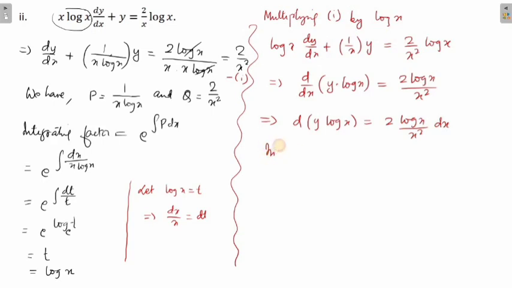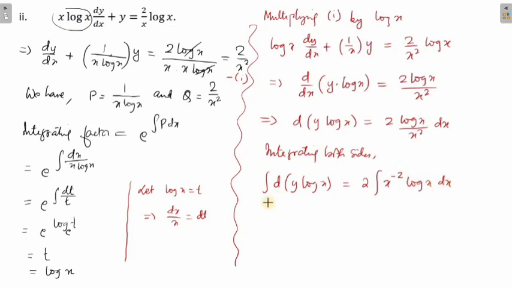Integrating both sides, you get integral dy log x is equals to 2. Bring this x to the power minus 2 in the numerator. So you get this much out here.